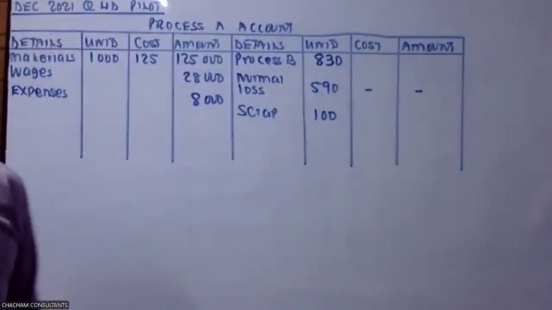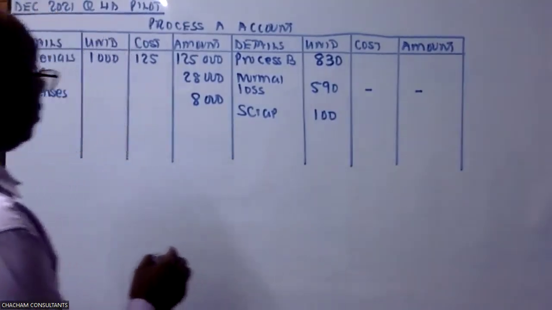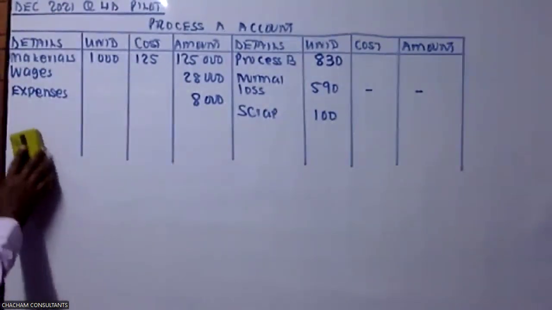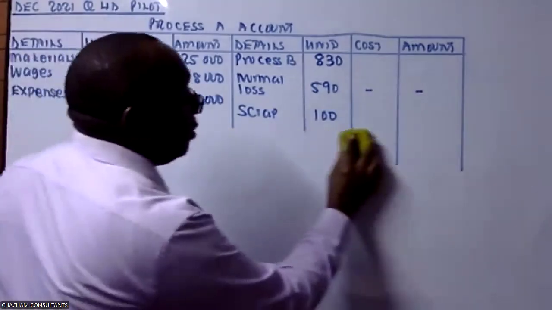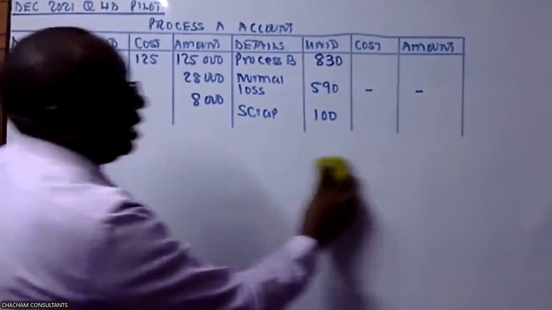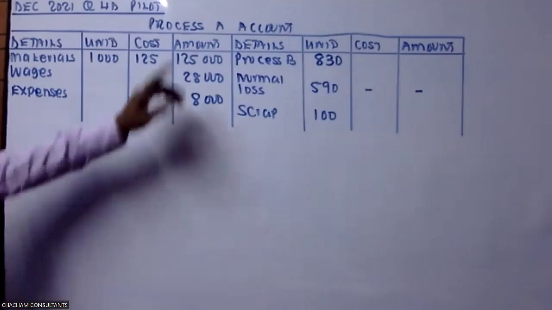So from there, we now get the unit costs. Or before we get the unit cost, we need to balance the units columns.